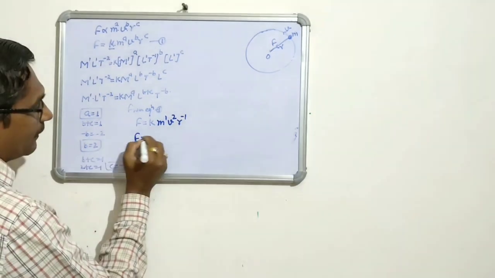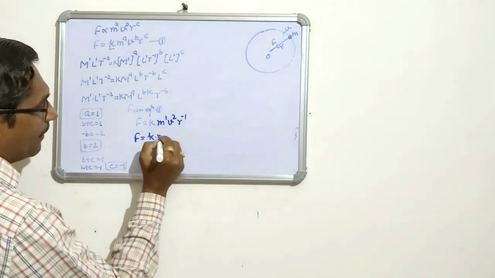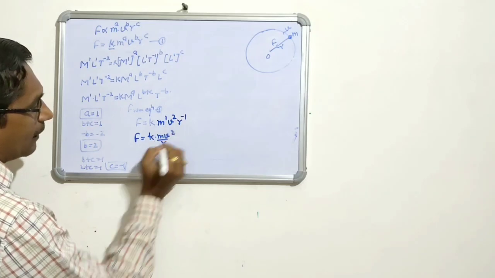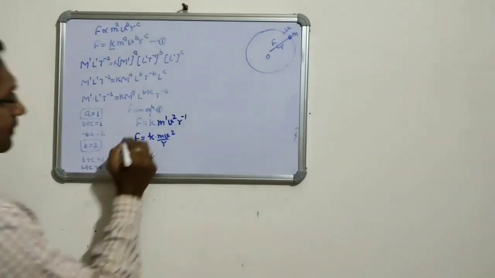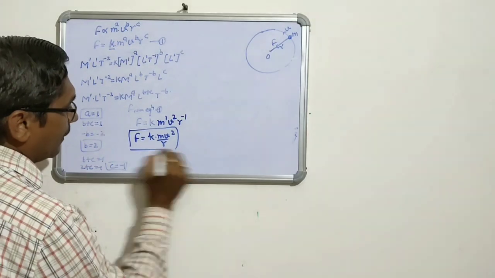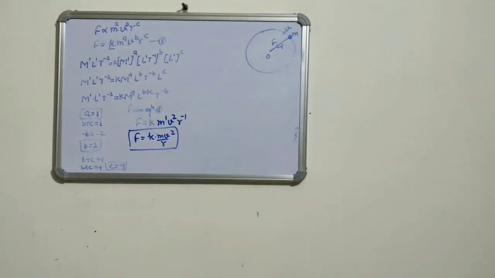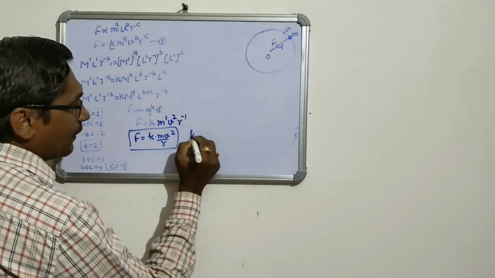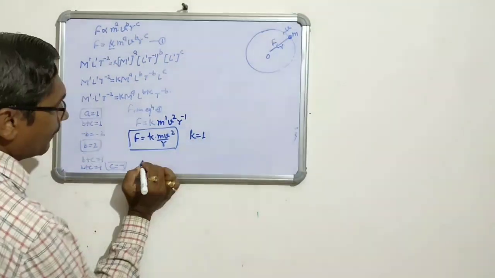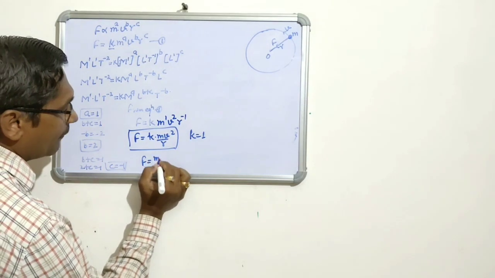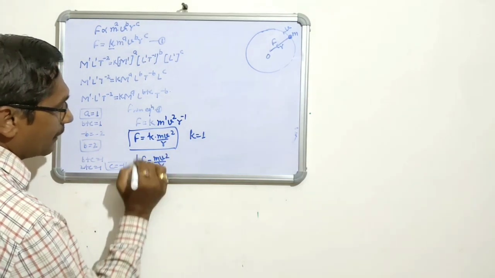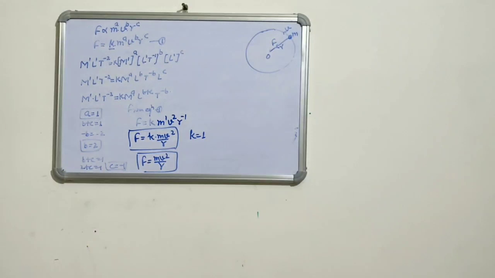Now F equals K M V square by R. This is the relation between force, mass, velocity and R. K is a numerical constant, and according to experiment the value of K equals 1. That's why our formula is F equals M V square by R. This is the formula of centripetal force.